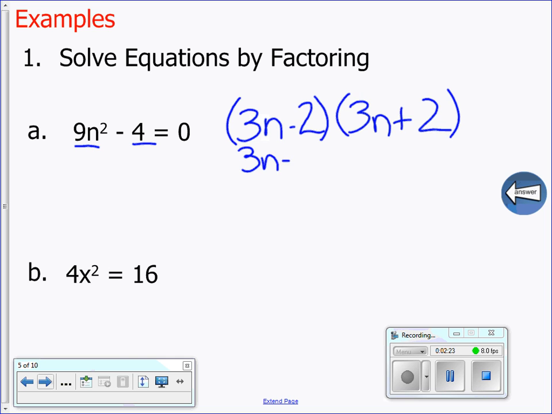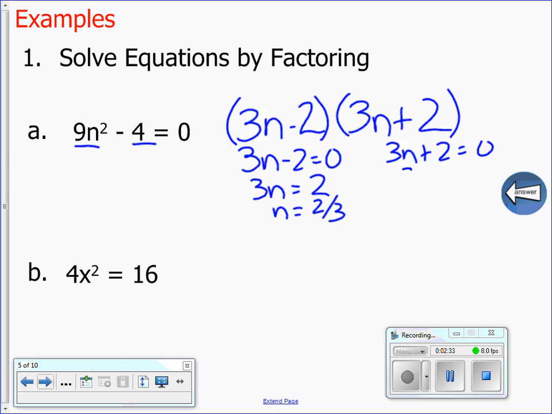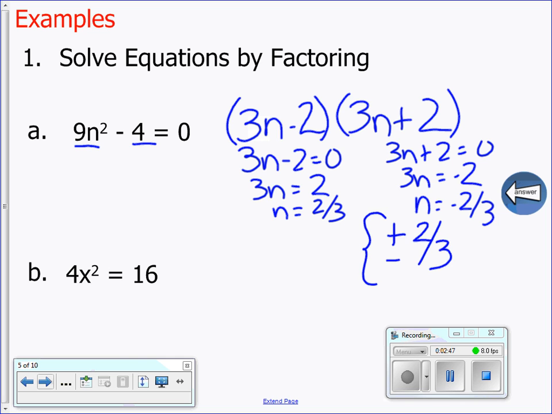So 3n minus 2 equals 0, so 3n equals 2, n equals 2/3. 3n plus 2 equals 0, 3n equals negative 2, n equals negative 2/3. So we can write our answer as plus and minus 2/3.